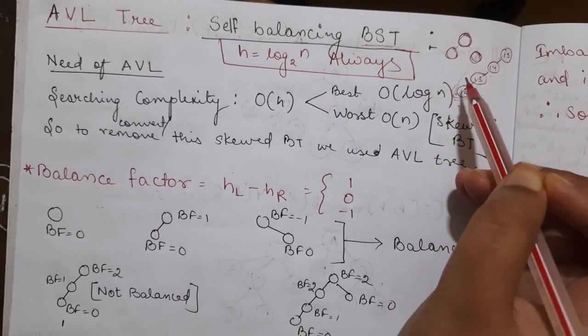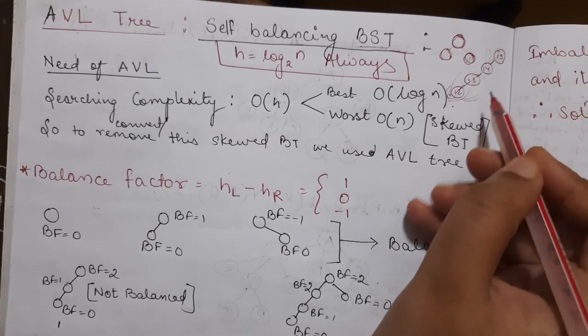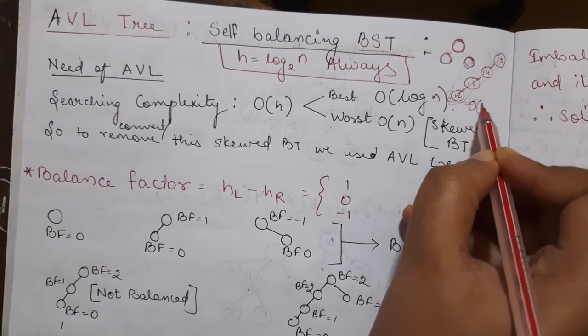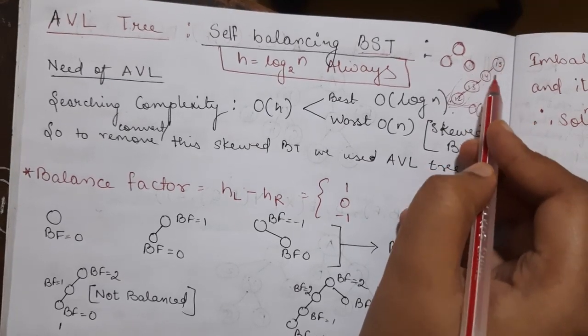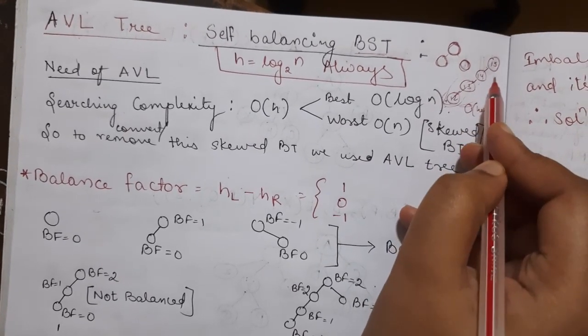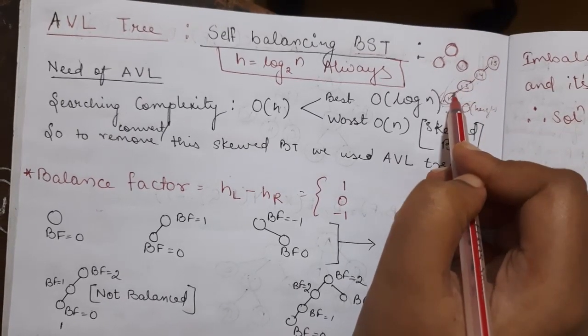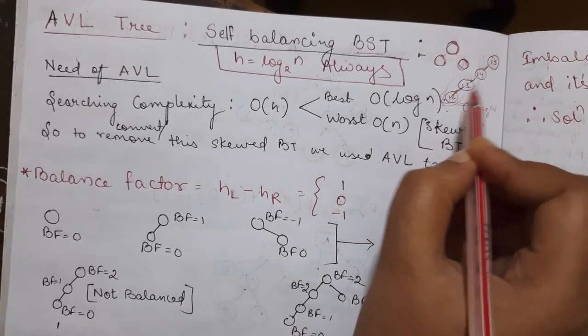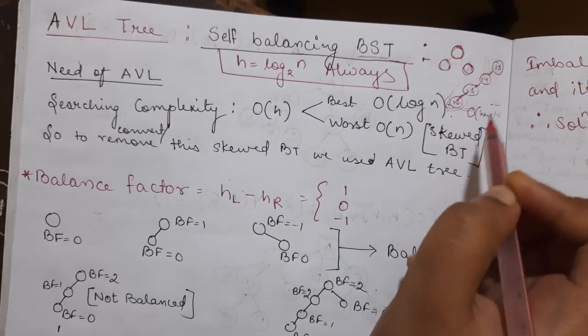In general, the searching in a binary tree has a complexity of big O of height, because at max it needs to travel that much path or that many edges as its height from the root node till the leaf node.